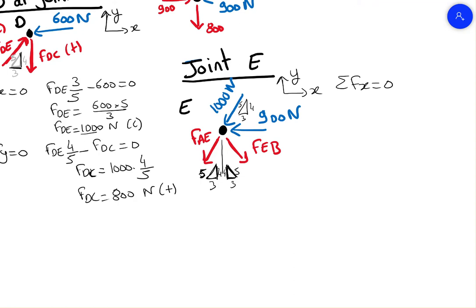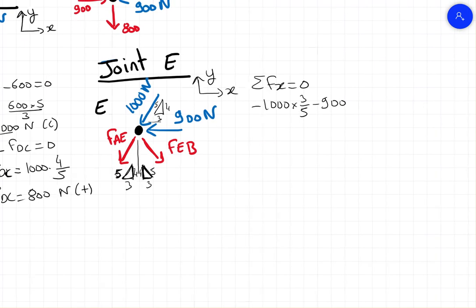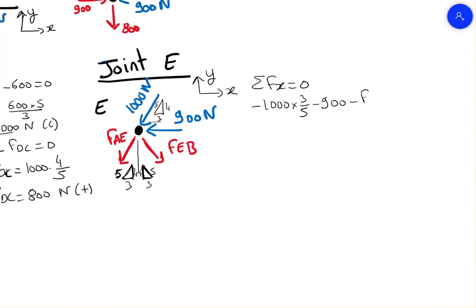We have minus 1000 times 3 divided by 5 for this one, minus 900, minus FAE times 3 divided by 5, plus FEB times 3 divided by 5, equal to 0.